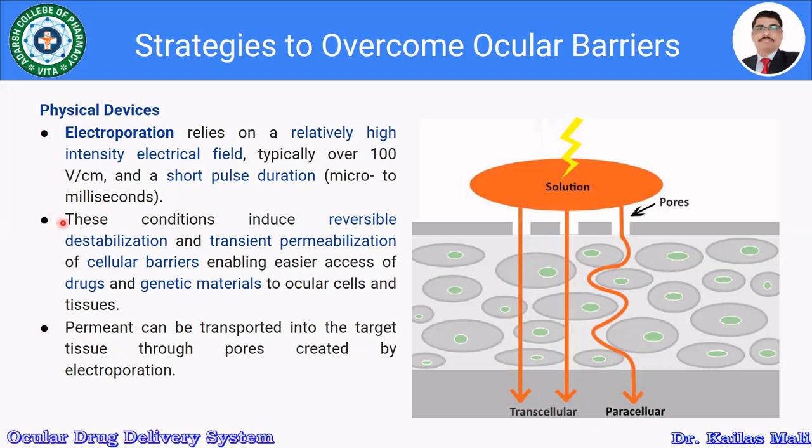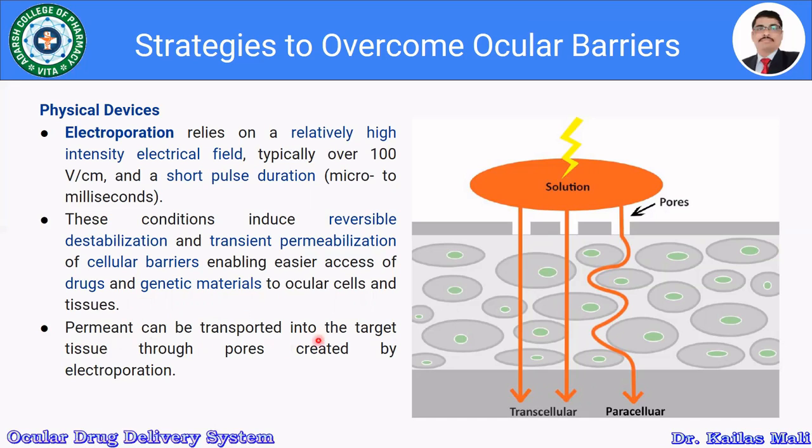These conditions induce reversible destabilization and transient permeation of cellular barriers, enabling easier access of drug and genetic material to ocular cells and the tissue.